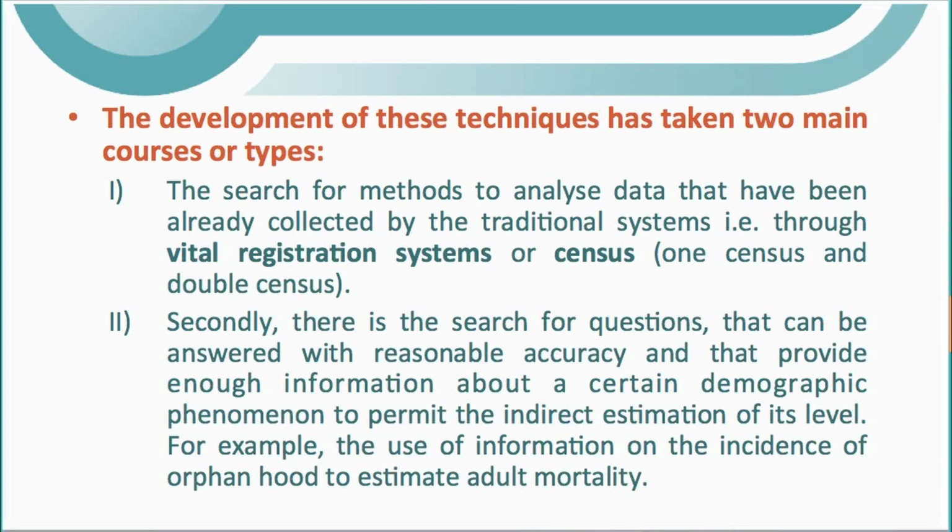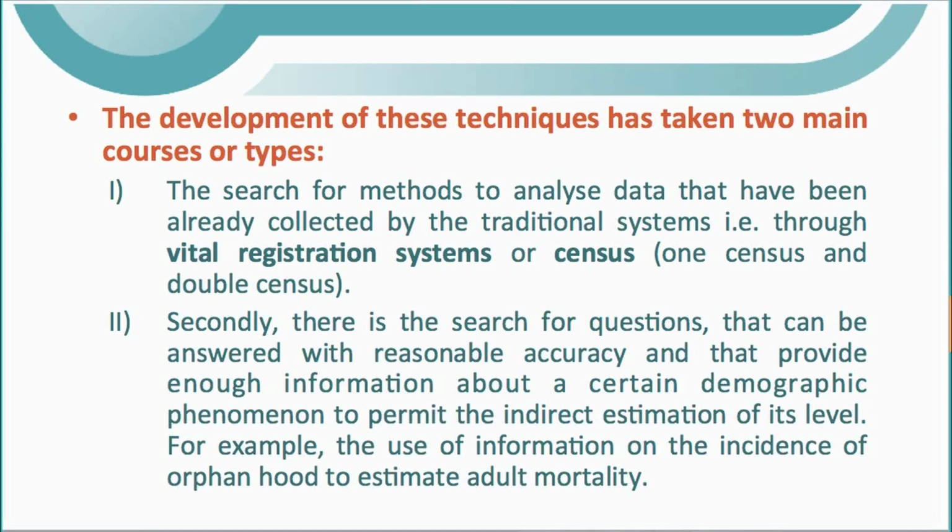Number one is the search for methods to analyze data that have already been collected by the traditional system, that is, the vital registration system or censuses. And censuses are of two types, one census and double census method. The one census approach provides a static snapshot of the population at a specific point of time, while, on the other hand, a two census approach involves conducting two censuses at different times and measures changes and trends in the population.